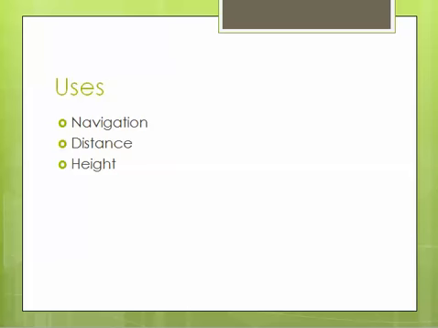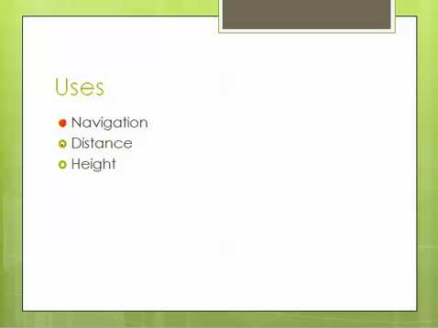Okay? Where do we use this stuff? Well, this stuff is used in a lot of different places. First and most common place that it's used is navigation. You'll read in the course itself where it talks about using a transit and being able to find the angle between you and a star and the horizon, and that helps you find your navigation.